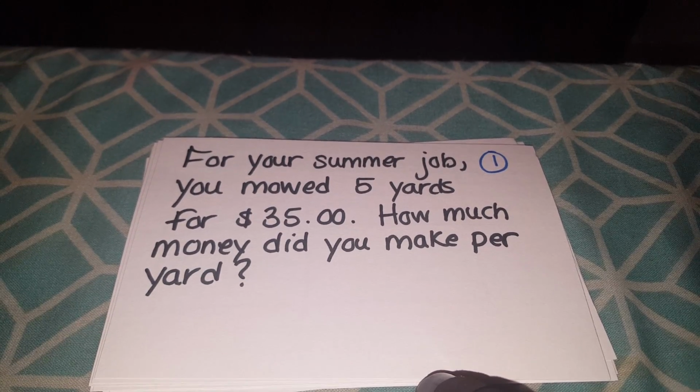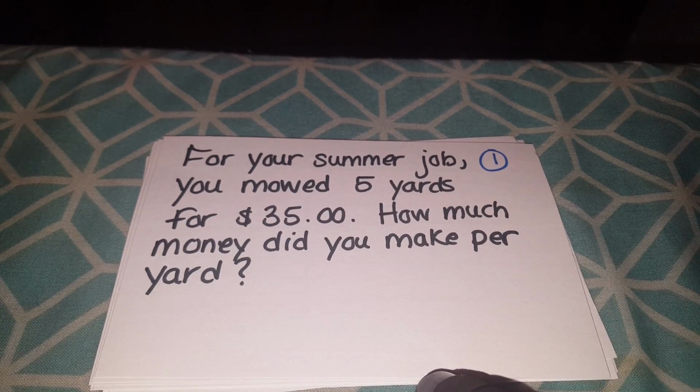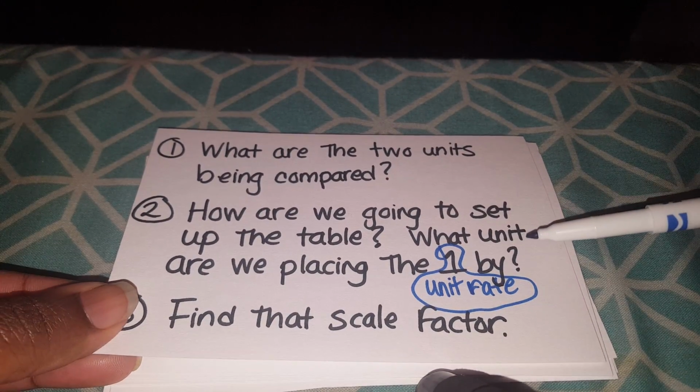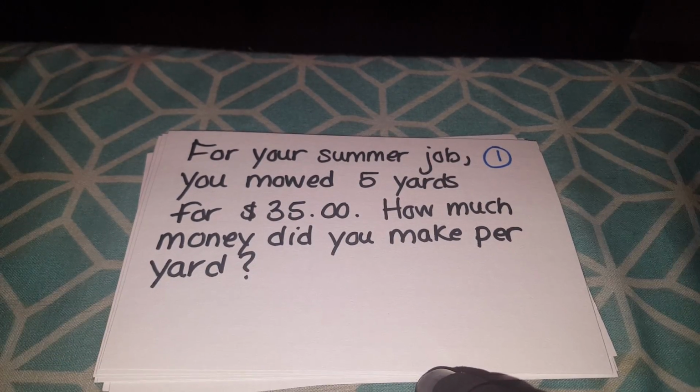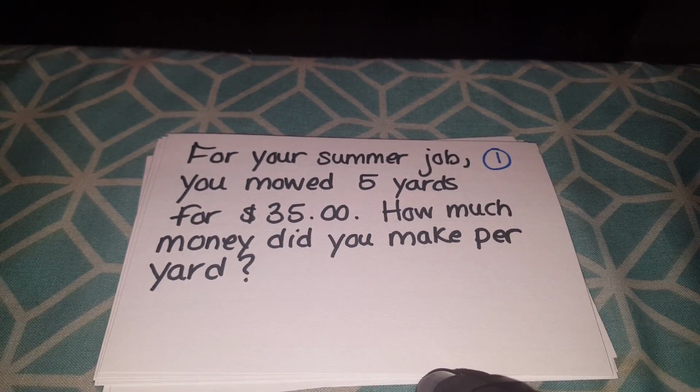Okay, so if you said yards and money, you are absolutely correct. So our 2 units that we're comparing are yards and money. How are we going to set up the table? What unit are we placing the 1 by? So we're going to pause and let somebody come up and set this table up.